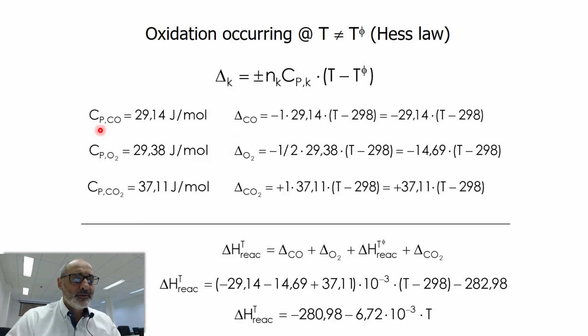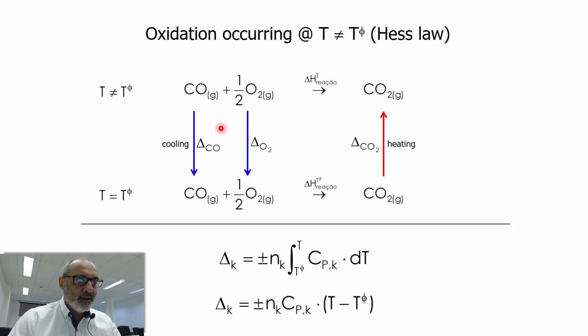So specific heat of CO2 is 29.14 joules per mole, so minus 29.14 times T minus 298. Minus, why the sign minus here? I want to see if you understand this. This sign minus, I'm going back one slide, it's because we are removing heat from the system.